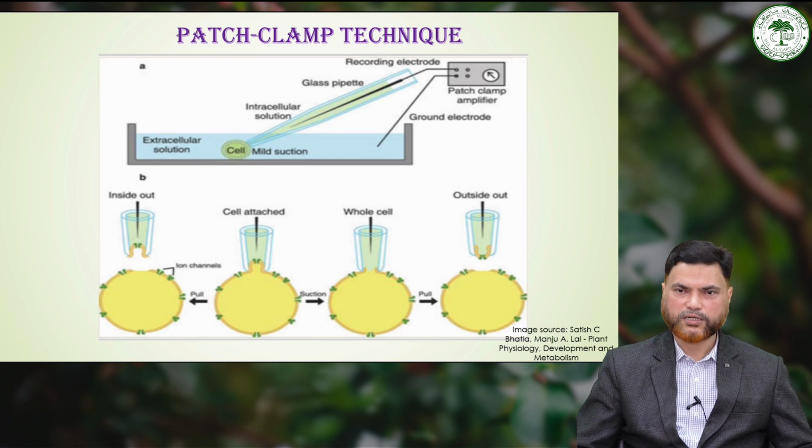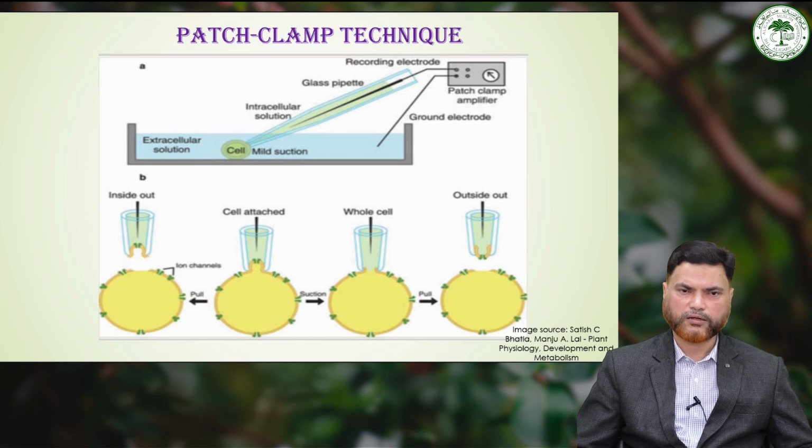These ion channels are investigated using a crucial electrophysiological technique such as the patch clamp technique. As you see in the figure, this technique involves gently pressing a blunt tipped glass micropipette, known as a microelectrode, against a biological membrane to measure extremely small electrical currents, typically in a very low range.